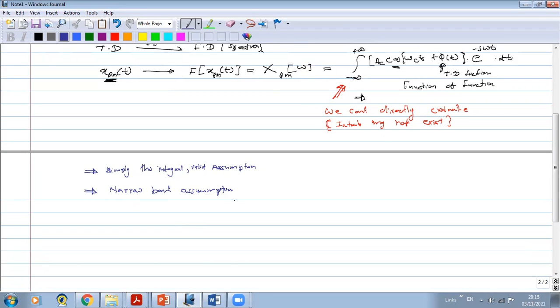Narrowband assumption means that, on most occasions, the carrier frequency is much higher than the frequency of the modulating baseband signal.